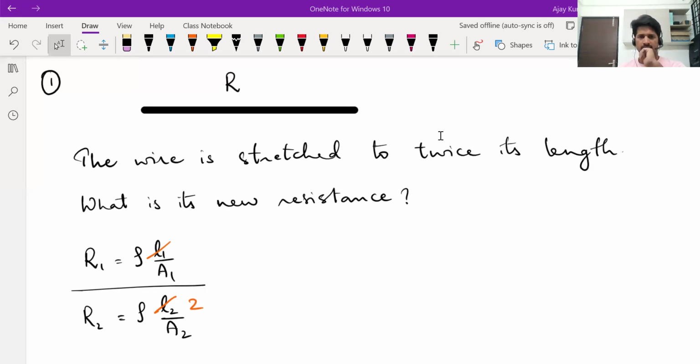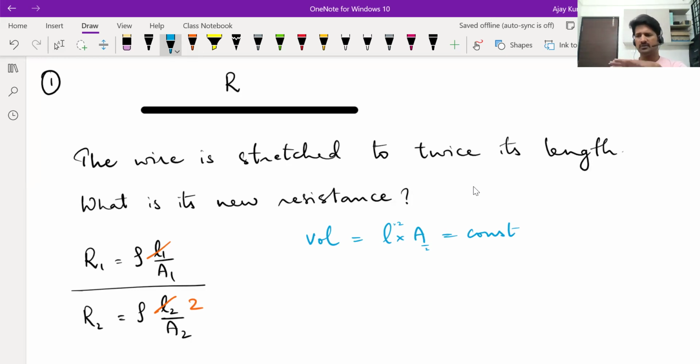Sir, when the wire is stretched, volume remains constant. So if length is increased, area decreases. Okay, fine. So that is an assumption we make. Volume of the wire remains constant, and we know volume is length multiplied with area of cross section. That has to remain constant. If it is stretched to twice its length, then area should get divided by 2, such that the volume remains constant.